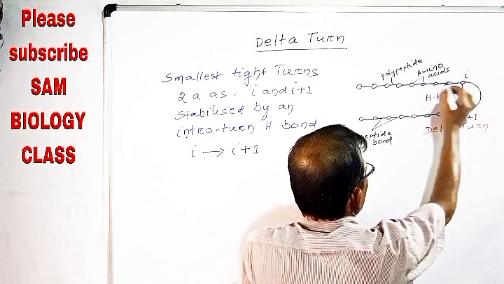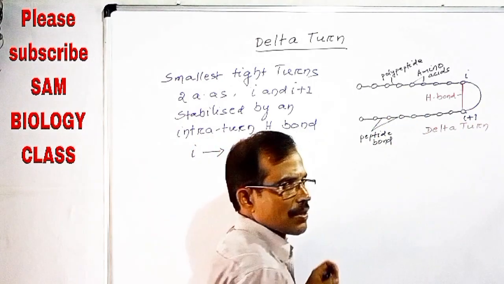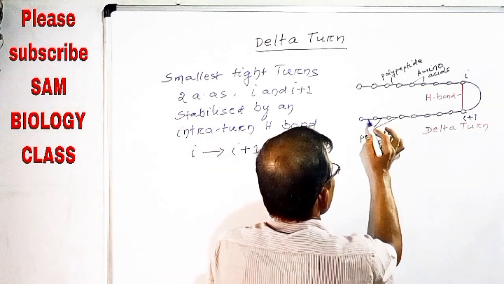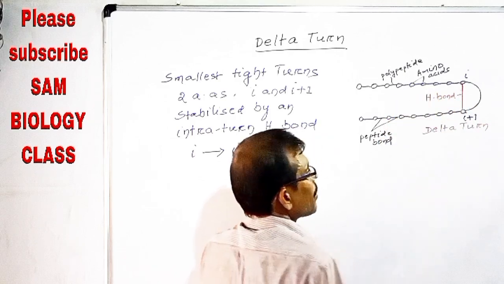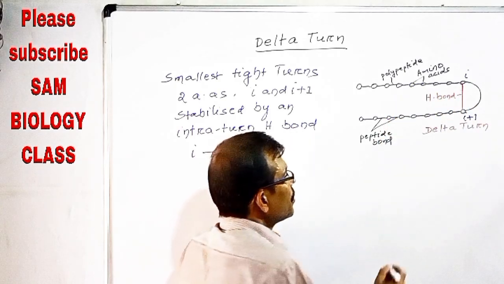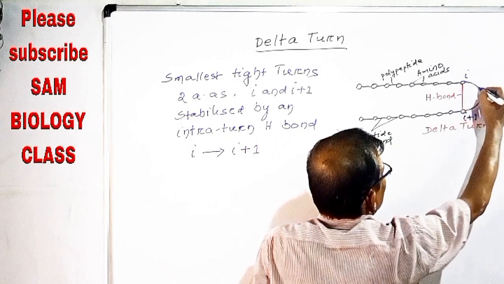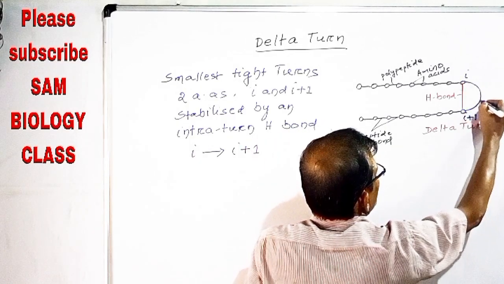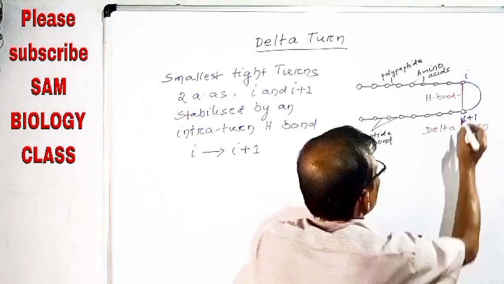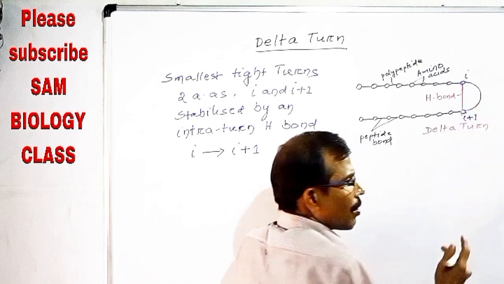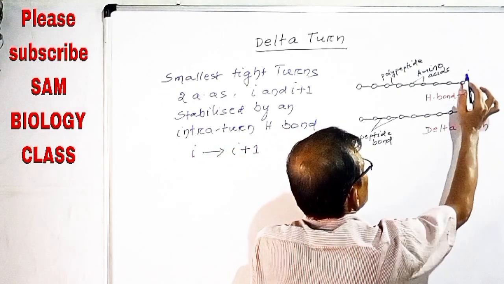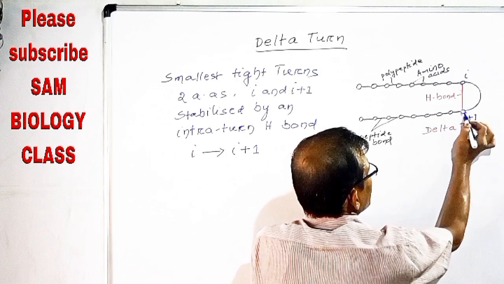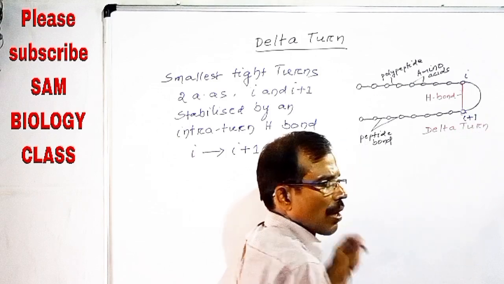This figure shows the part of a polypeptide chain. These are the constituent amino acids which are connected by peptide bonds. Here, this is the delta turn which consists of two amino acids, and this is the hydrogen bond which connects the carbonyl group of residue i and the amide group of residue i plus 1.